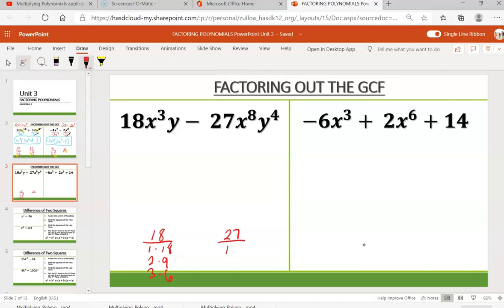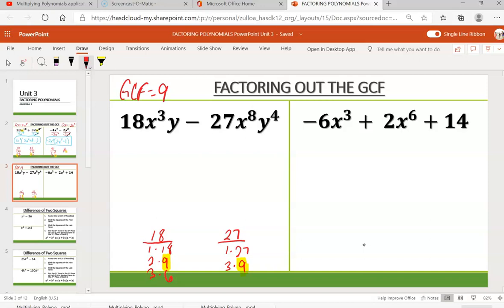And for 27, we have 1 and 27, 3 and 9. And that's it. So the biggest number that they both have in common is 9. So our GCF is 9.